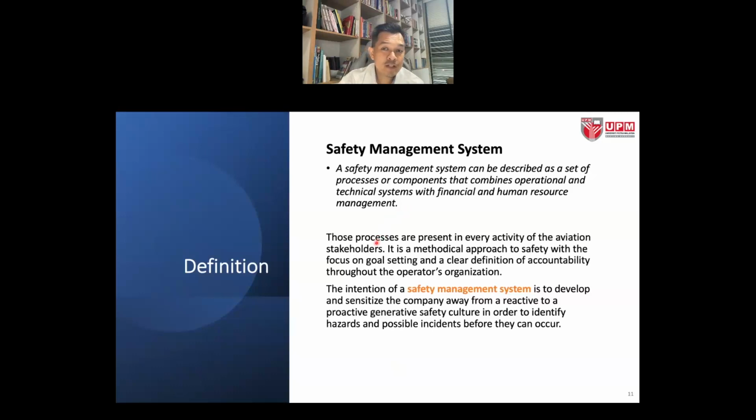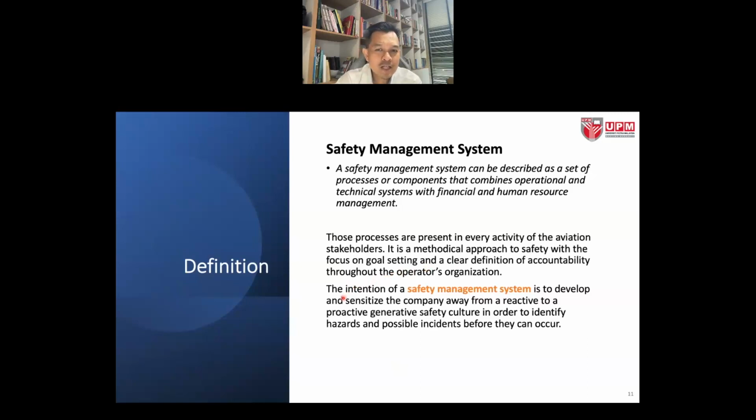Those processes are present in every activity of the aviation stakeholders. It is a methodical approach to safety with the focus on goal setting. So you have the safety aspect, but this is how to manage the safety aspect in a clear, systematic manner. And it is a clear definition of accountability throughout the operator's organization.